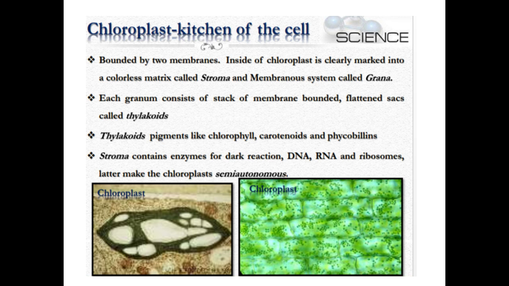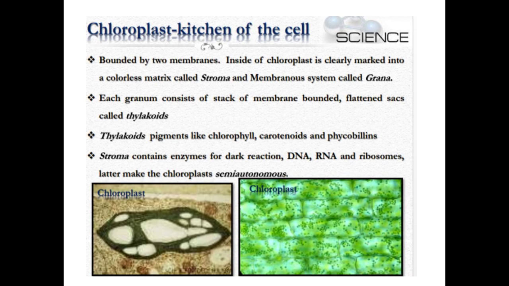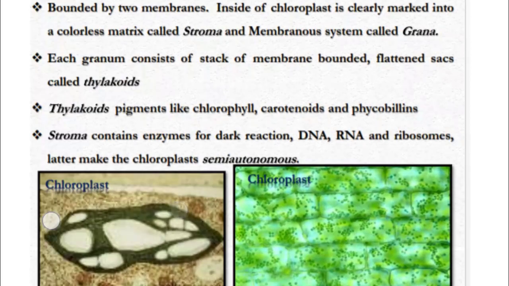Inside the chloroplast, it is clearly marked into a colorless matrix called stroma. This part is called stroma, and the membranous system is called grana. Each granum consists of a stack of membrane-bound flattened sacs called thylakoids. So here is the thylakoid.